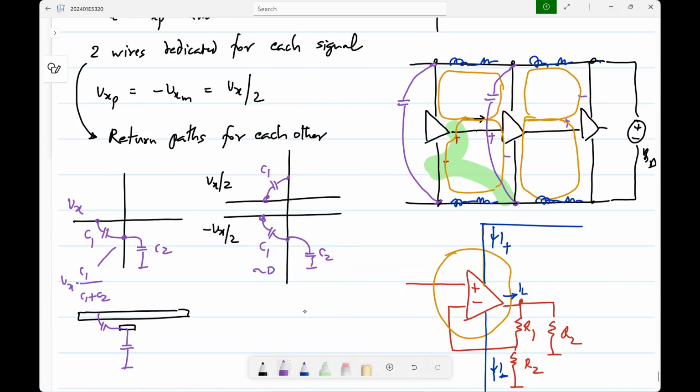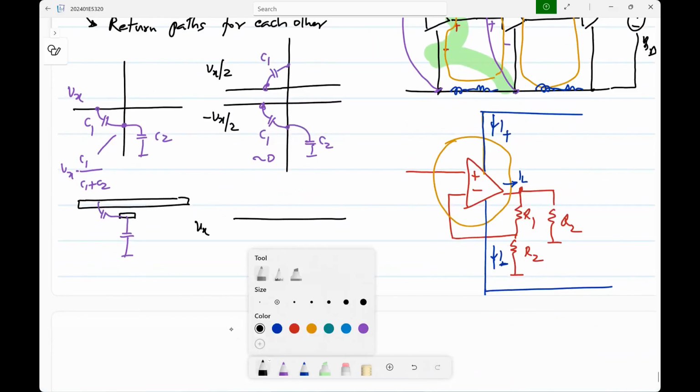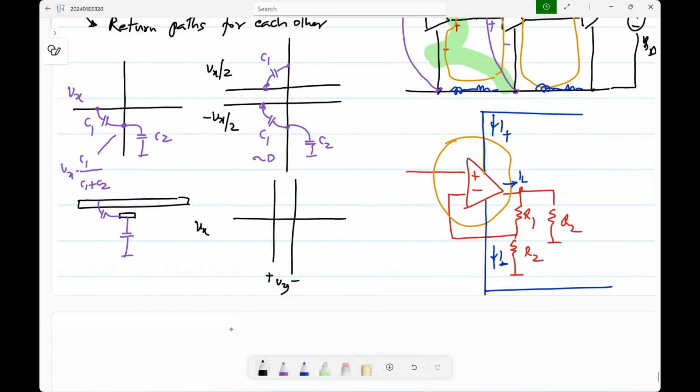So if you have a fully differential signal, again, fully differential automatically means also physical symmetry between the two halves. So it will put out less garbage onto other signals. The crosstalk will be smaller. And similarly, let's say you have a single wire, but you are measuring Vy as a difference between these two, and again there is symmetry.